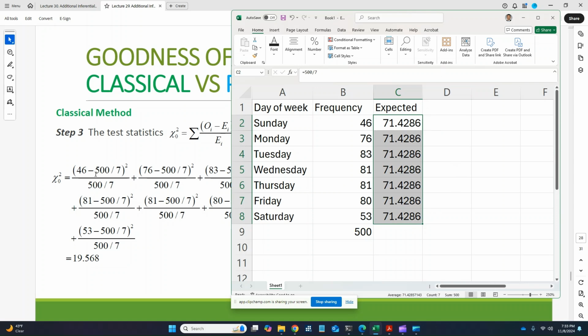So now we can calculate the difference between observed and expected values, square them, and divide by the expected value and put it here. Observed minus expected, we need to square them and then divide by the expected value.